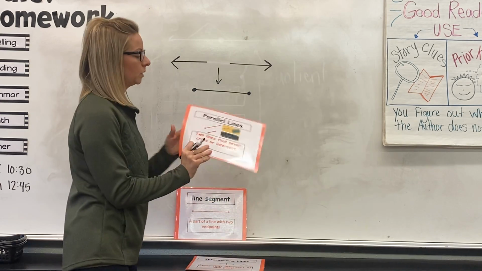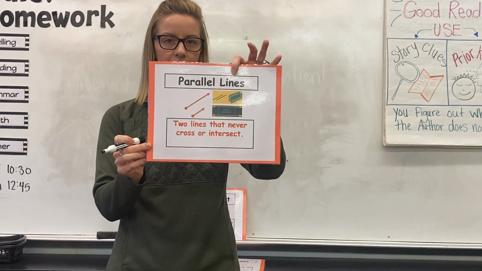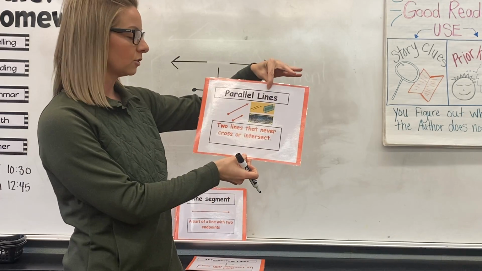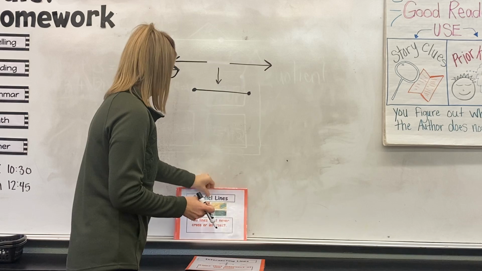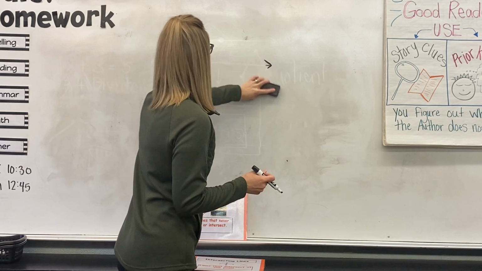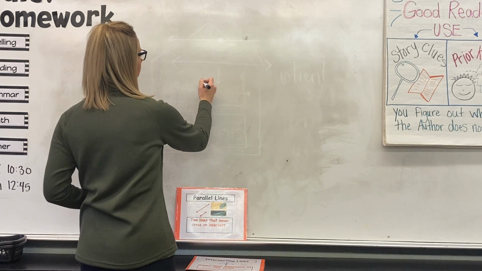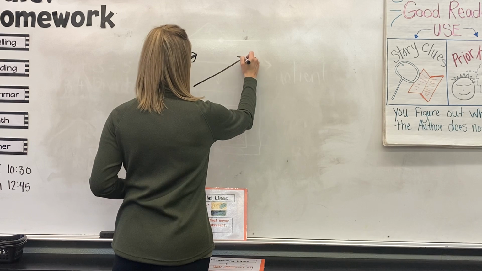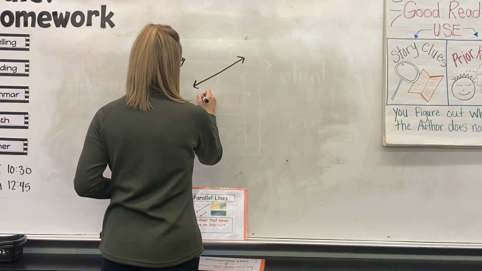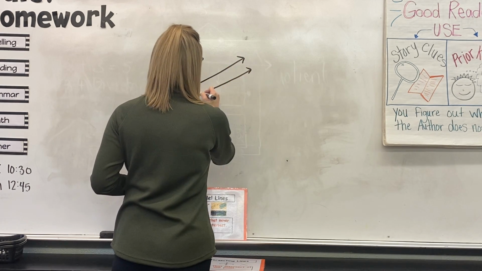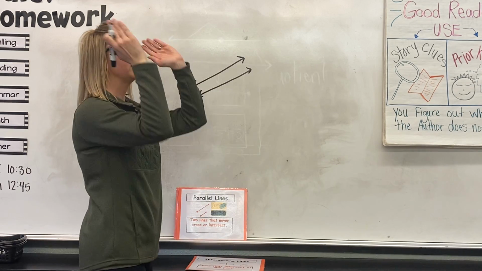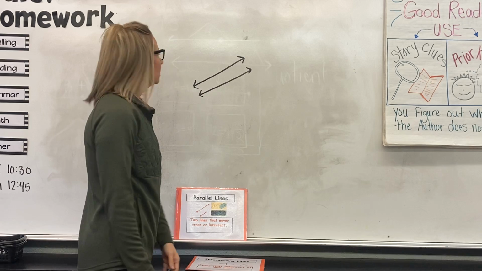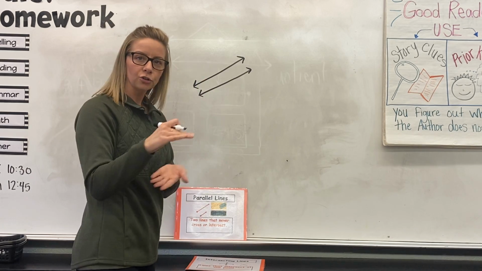All right, the next one is parallel lines. Parallel lines are two lines that never cross or intersect. You see these parallel lines in a lot of things. You might see them as railroad tracks, or maybe the lights that run across the ceiling, or bricks on your home.